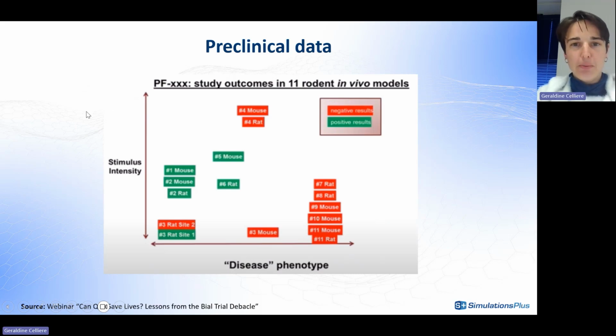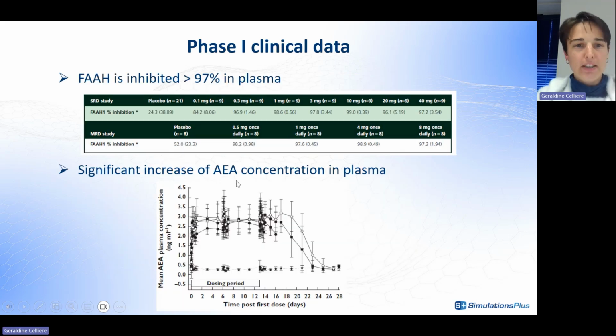We already have some preclinical data, and the results in the preclinical species are a bit contrasted depending on the stimulus intensity, the disease phenotype and the species. We can have somewhat contradictory results. This drug, nevertheless, was pushed to phase 1, and what we can see from the phase 1 clinical data is that FAAH in plasma is highly inhibited already with doses as low as 0.3 milligram, both with single and multiple doses.